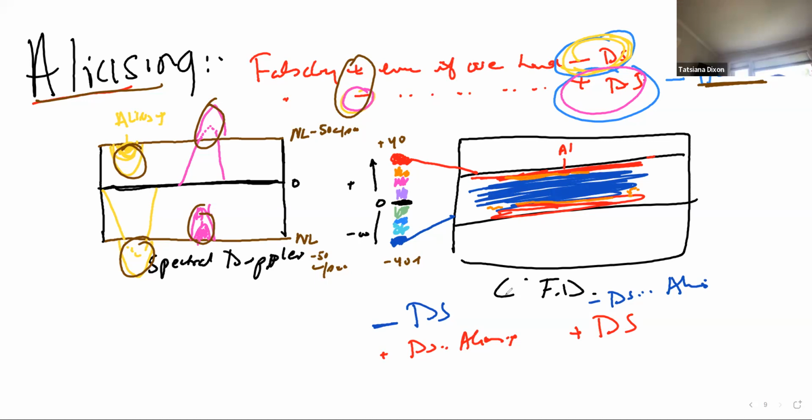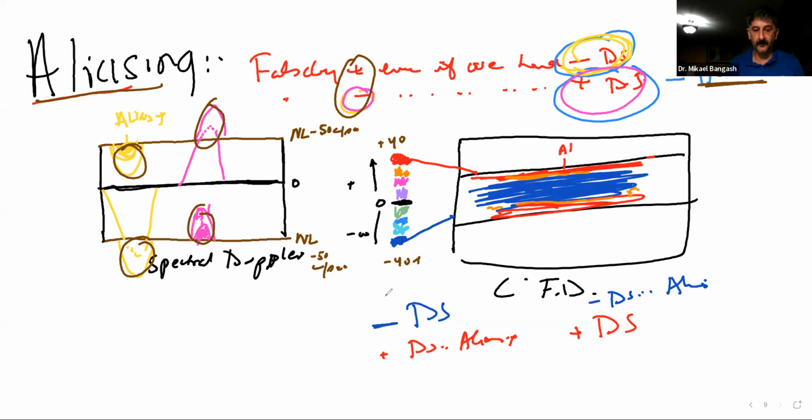Can you please repeat the question? My question is, how can I say with surety that in this blood vessel my reading is a negative Doppler shift, where the red, as you went on, increased to orange, was your aliasing, and not vice versa?